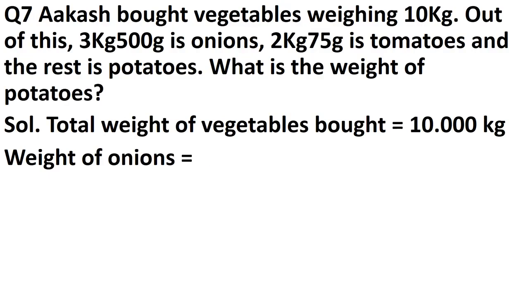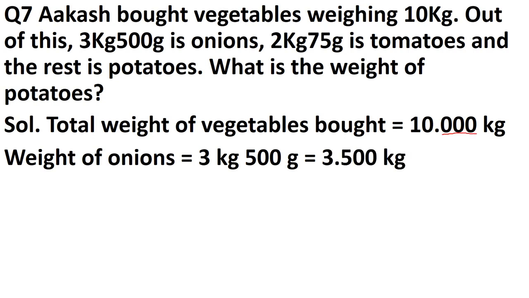Total weight of vegetables bought 10 kilogram, because in a kilogram 1000 gram is there, and in 1000 we have 3 zeros. So we have written 10.000 kilogram. What is the weight of onion? 3 kilogram 500 gram. Convert it into kilogram: 3.500 kilogram.